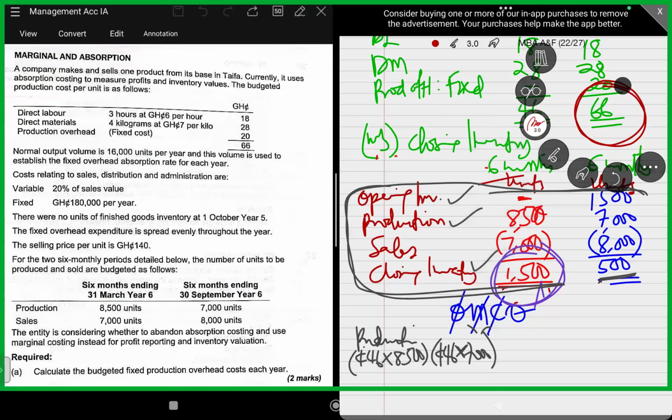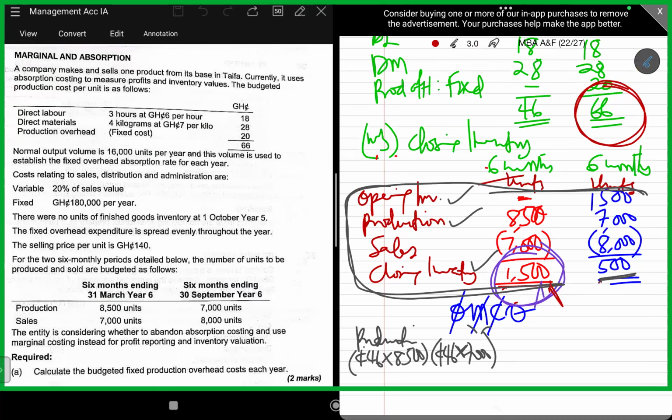Okay, so watch. See, the difference between the closing inventory for the first 6 months and the closing inventory for the end of the other 6 months, what's the difference? 1,000. Multiply this 1,000 by 20. How much do you have? 20,000, right?